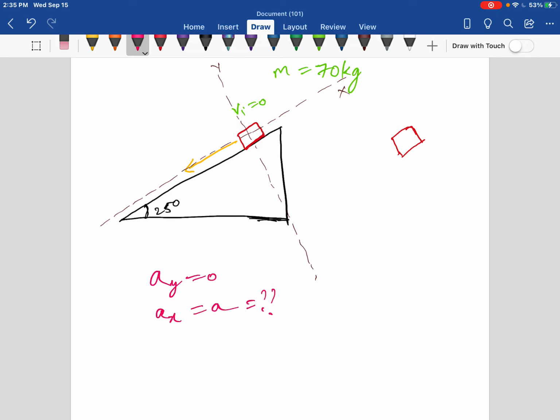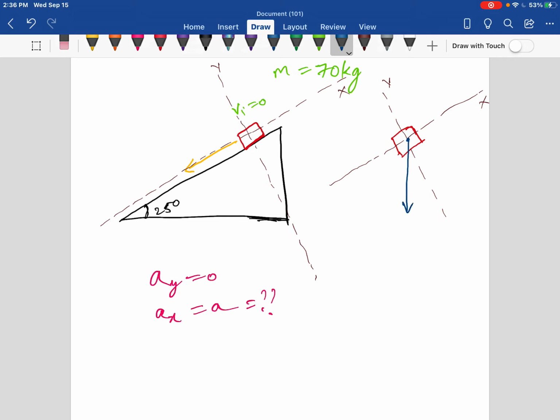So the first step is to draw the object all by itself right here, and then to recognize the forces acting on this object. Let's first get our x and y axes over here. X-axis, y-axis. Let's recognize the forces acting on this object.